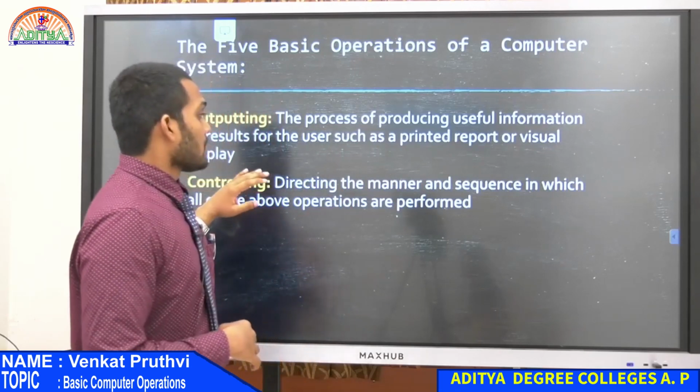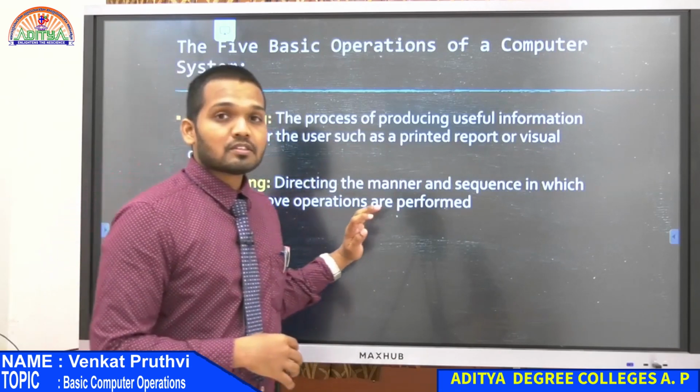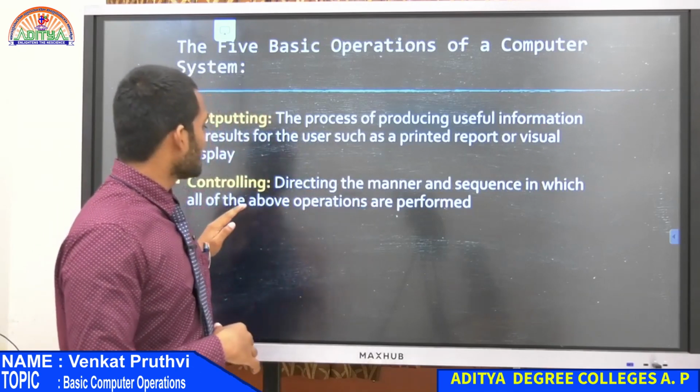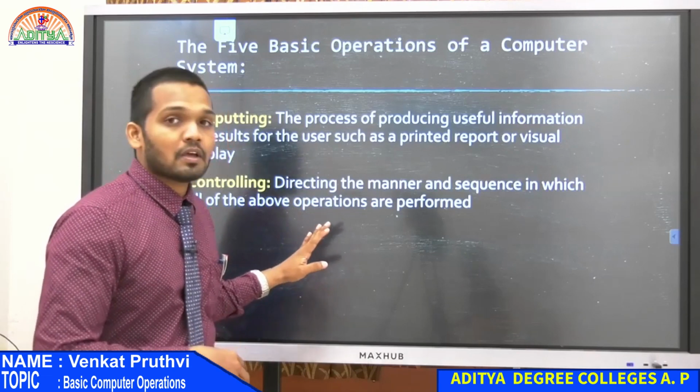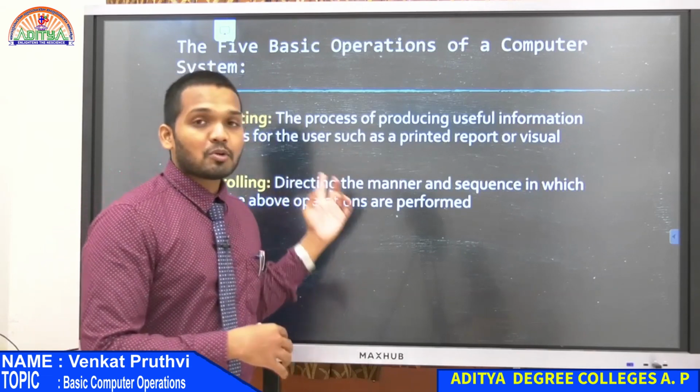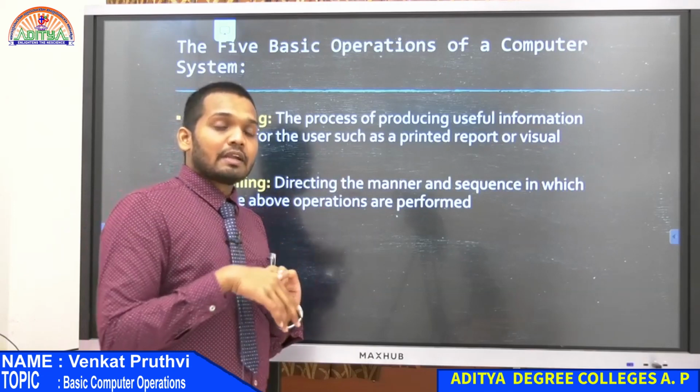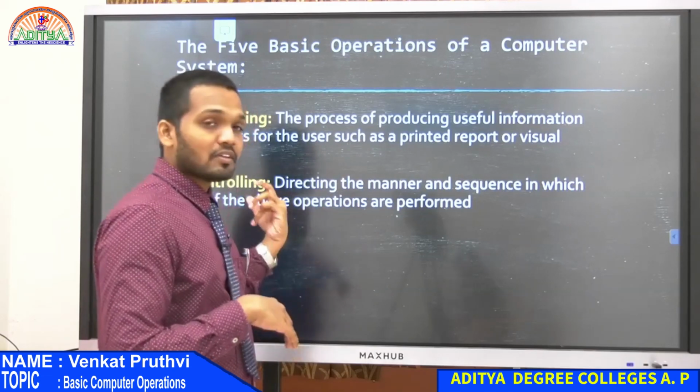And then the last part of your operation is controlling. What do you mean by controlling? Directing the manner and sequence in which all of the above operations are performed. I was previously talking to you about the arithmetic and logical unit and the control unit. The arithmetic and logical unit takes care of the processing part, the arithmetic and logical operations I mentioned in the previous slide.